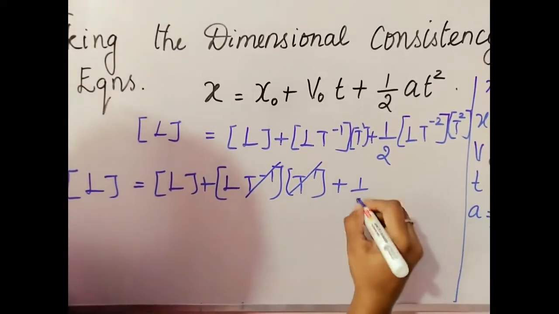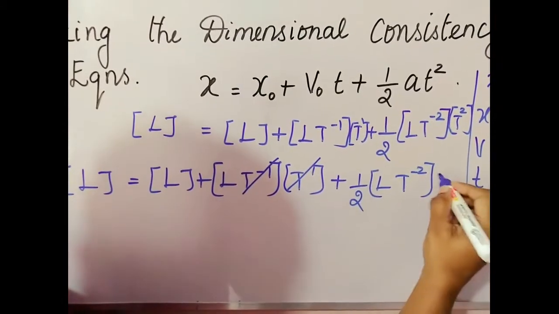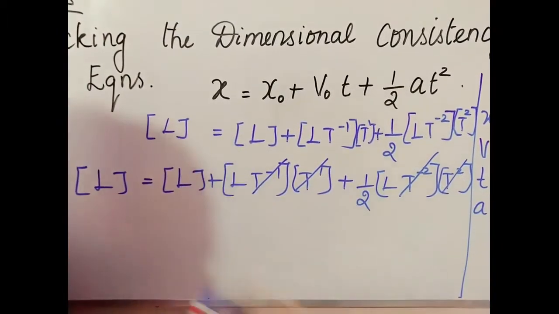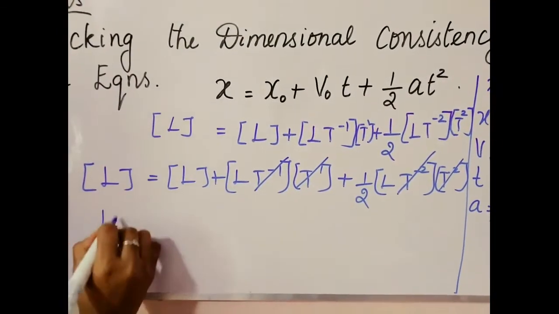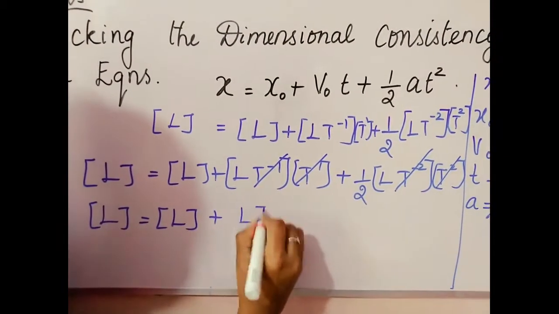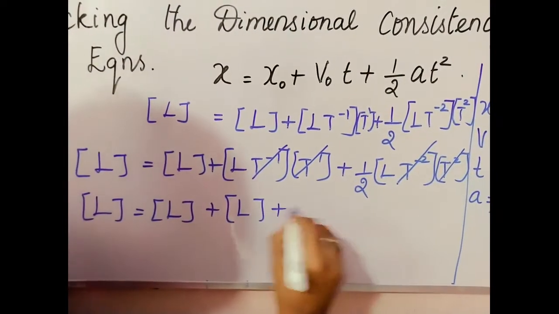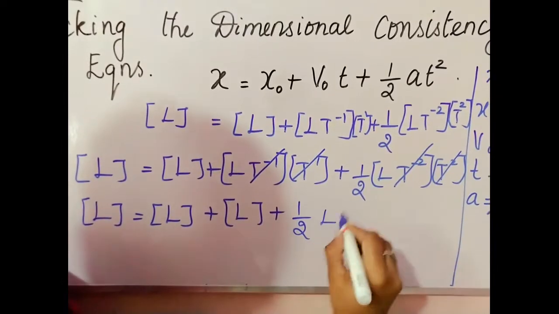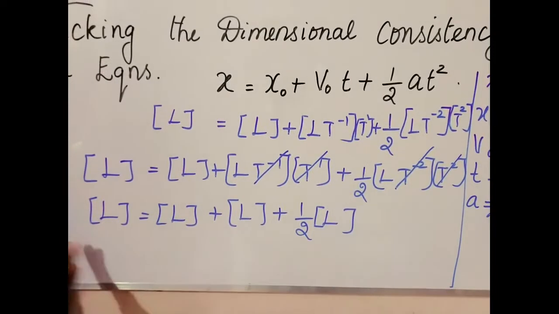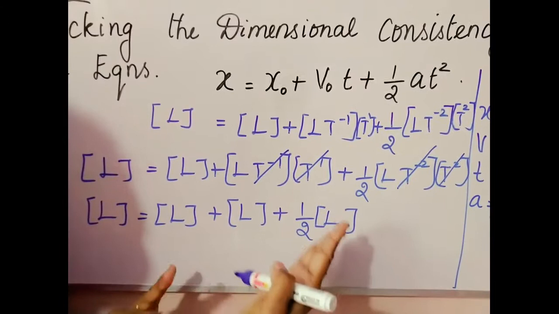Plus half L T power minus 2 and t power plus 2, t power minus 2 and t power plus 2 get cancelled, so the remaining is L, and here also L. Only t power 1, t power minus 1 and t power plus 1 are getting cancelled, and half remains, and here also L. So you see, the left hand side gives the dimensional formula for length, and the right hand side also gives the dimensional formula for length.